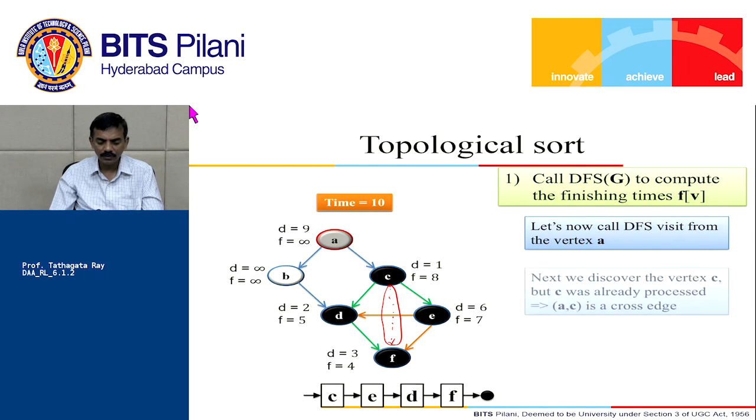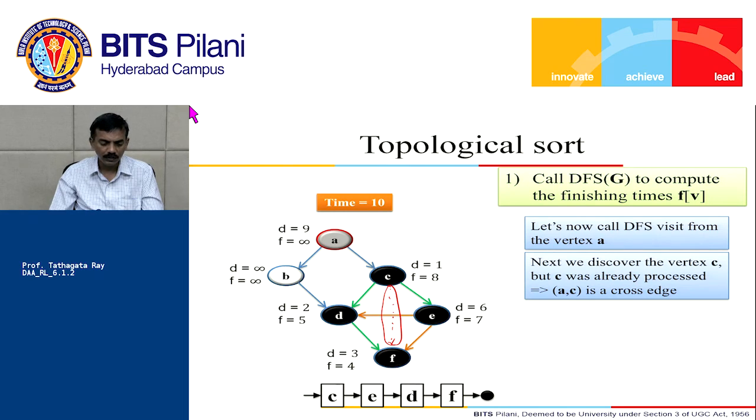A's neighbor is B, which is unvisited, so we go to B. We can go to C, but notice that C has been already discovered. So the edge between A and C will be classified as a cross edge, because A and C do not have any ancestor descendant relationship.